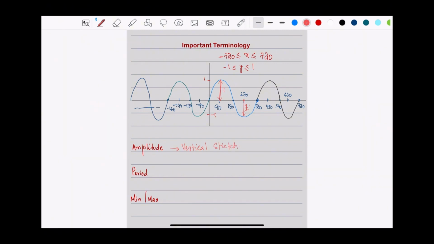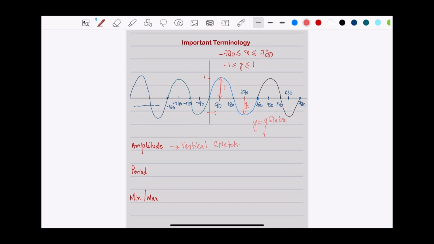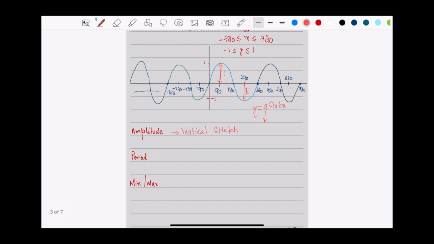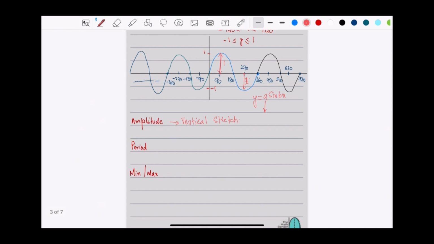So if, let's say, this is y equals a sine bx, this a part represents the vertical stretch, and in this case it is the amplitude, the height of the wave. And height is always measured from the center.